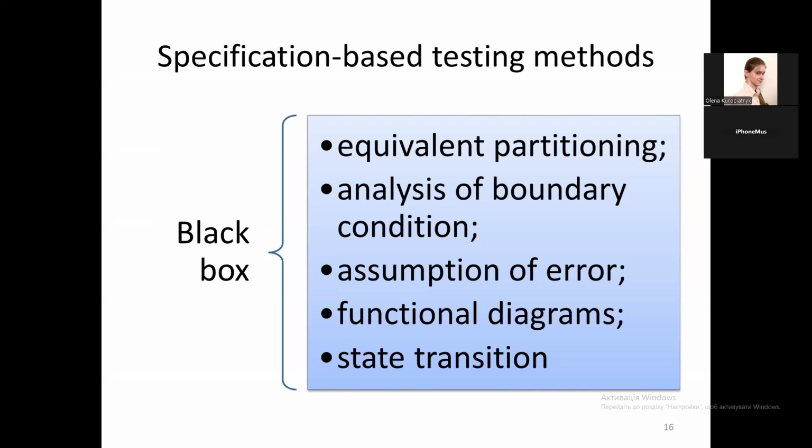Black box methods include these methods: equivalent partition, analysis of boundary conditions. From time to time, you can find a similar title for these methods, analysis of boundary values.